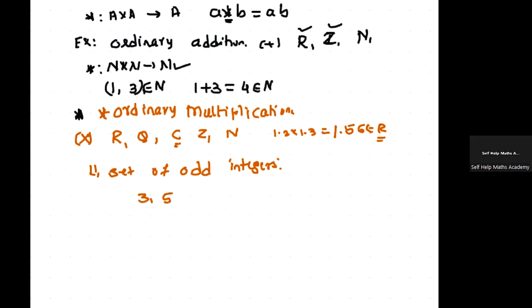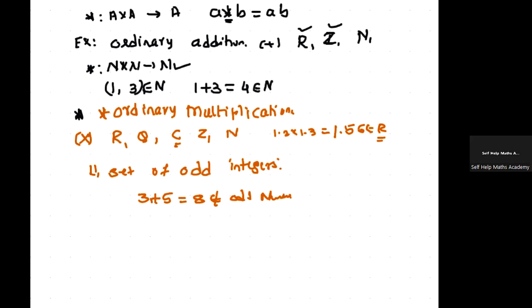But when I add them, 3 plus 5 gives 8, which does not belong to the odd numbers. So if you take a specific case like odd integers, then addition is not a binary operation.